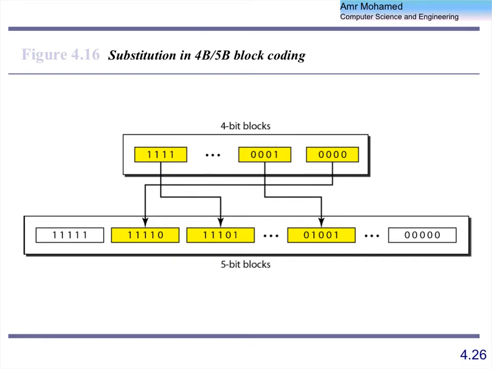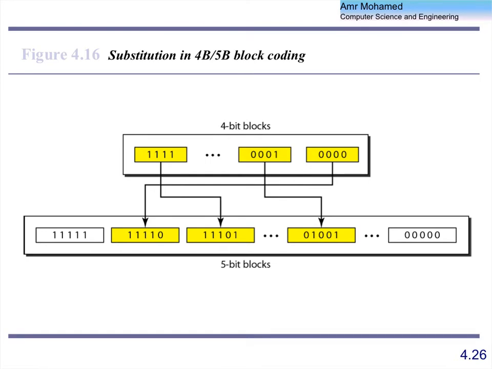This is what we call baseband transmission, because we convert the bits into digital signal. So this is baseband transmission, and we transmit it over the line. On the other side, we have to detect the signal, and then from the signal we convert it into 5-bit combinations, and then we revert back by mapping the 5 bits back into 4 bits.